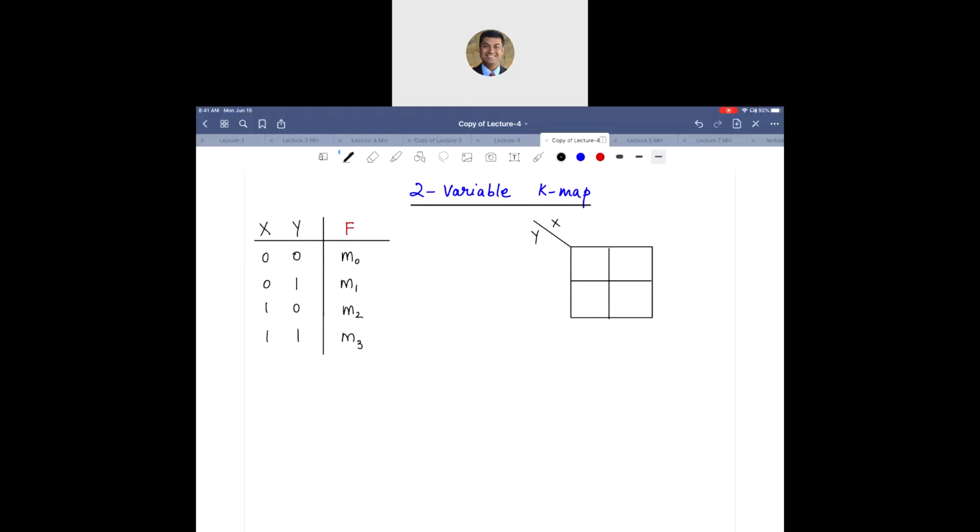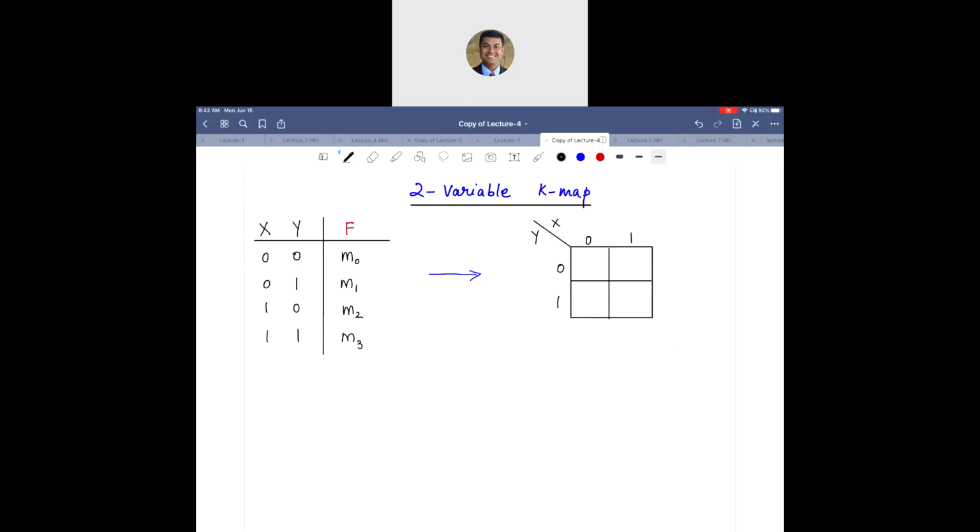That's my output. Now, if I transition this particular truth table into a K-map, what does it look like? So x, which is for the two columns here, could have the value of 0 or 1. And the same applies for y. Y could also have a value of 0 or 1.